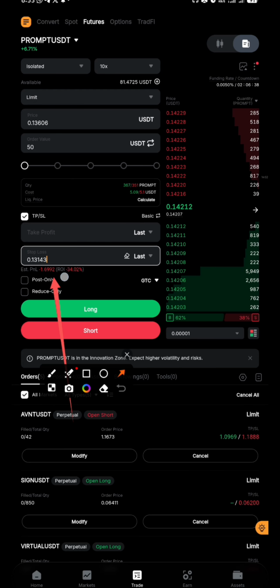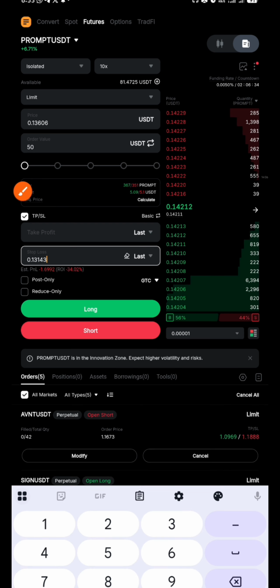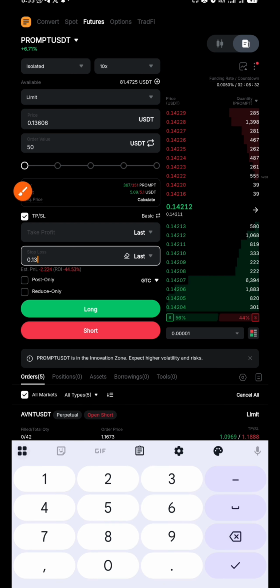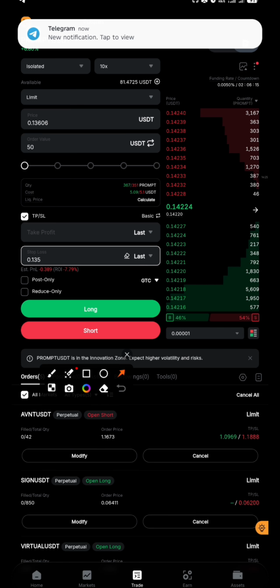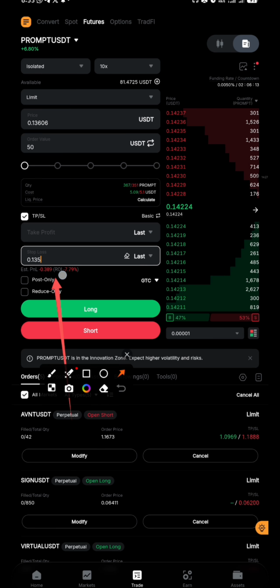Now if you are not comfortable with this, you can increase your stop loss. If I increase the stop loss to 0.135, you see that if it hits my stop loss, I'm losing 0.3.